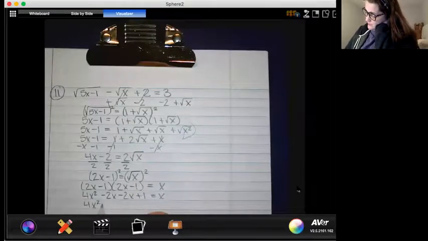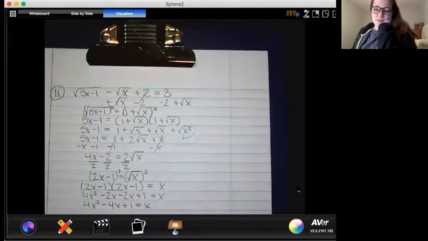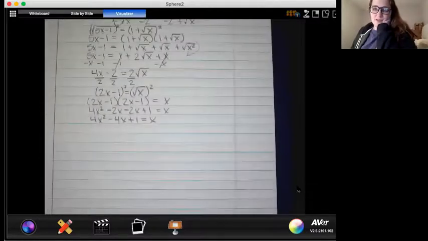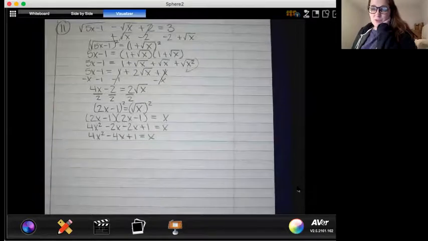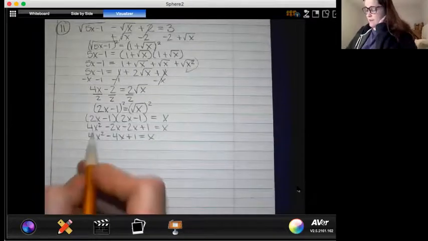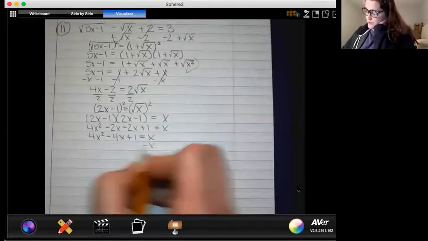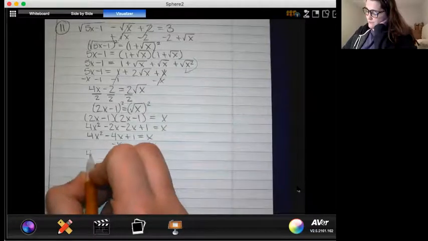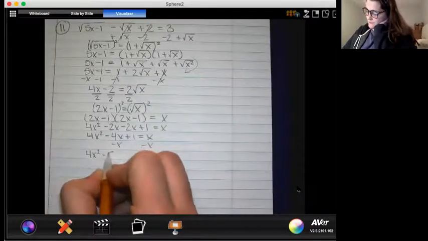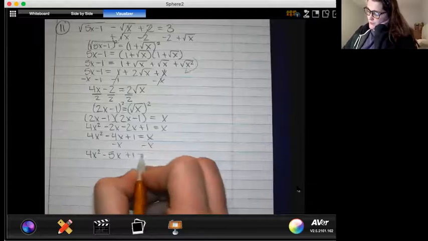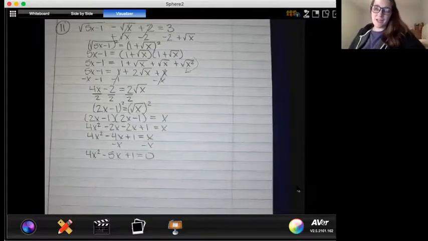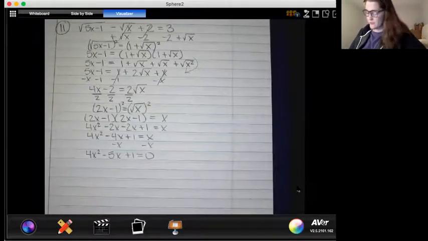Combine like terms. And we have this. Now we're going to set it equal to 0 because we now have that quadratic. So I'm going to subtract x to get 4x squared minus 5x plus 1 equals 0.